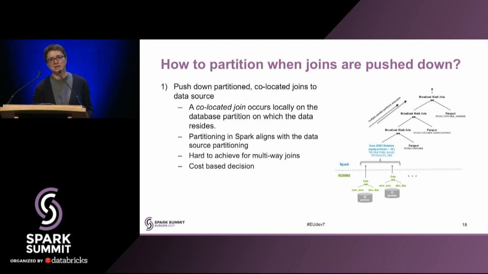However, collocation is hard to achieve for multi-way joins, and in general, issuing multiple concurrent SQL statements with complex operations might impact the performance of the data source. Therefore, this form of partitioning should be done based on the cost.